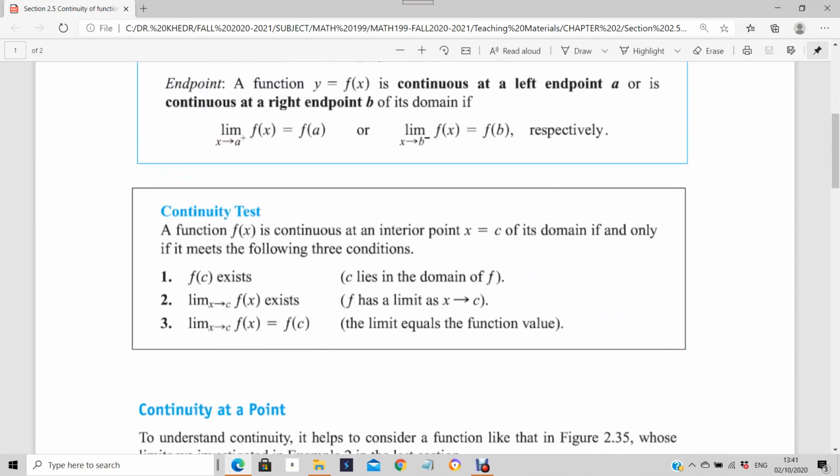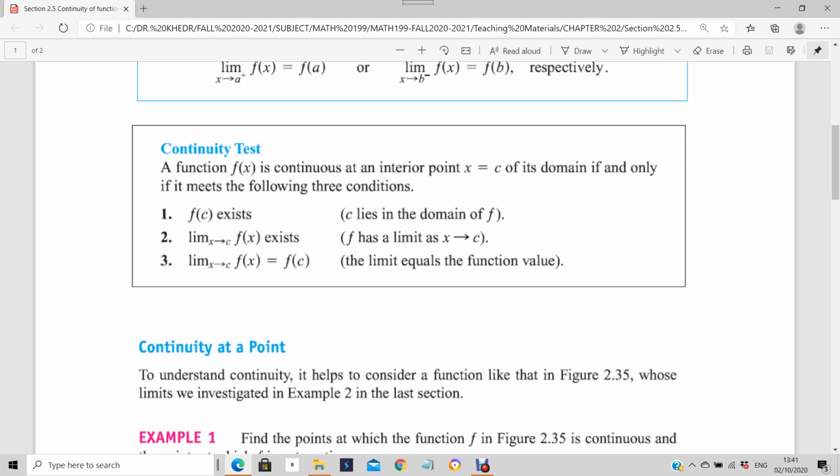There's a test we use called the continuity test, with 3 steps. A function f of x is continuous at an interior point x equals c of its domain if and only if it meets the following 3 conditions. Condition 1: f of c exists, where c lies in the domain of f.